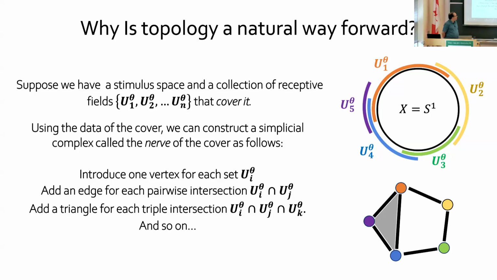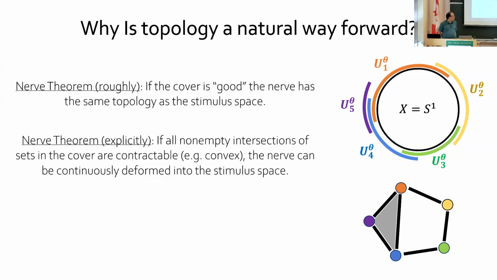And the thing you might observe if you squint at it real hard is it looks a little bit like a circle. And you might hope that that's not a coincidence. So the top is the rough version and the bottom is the actual theorem, said without as much notation as I would like.